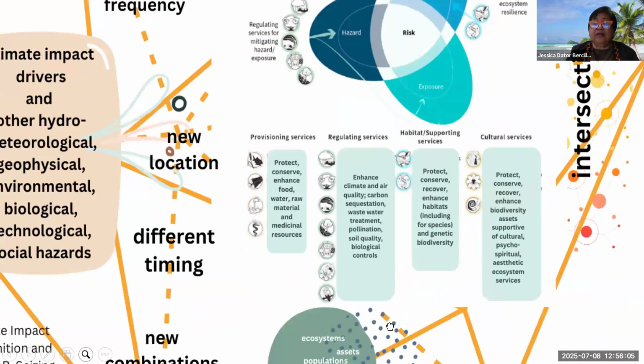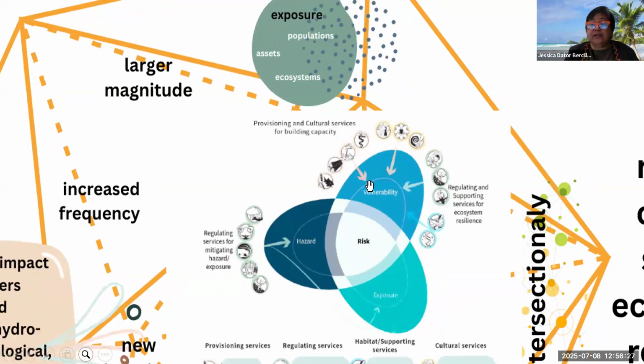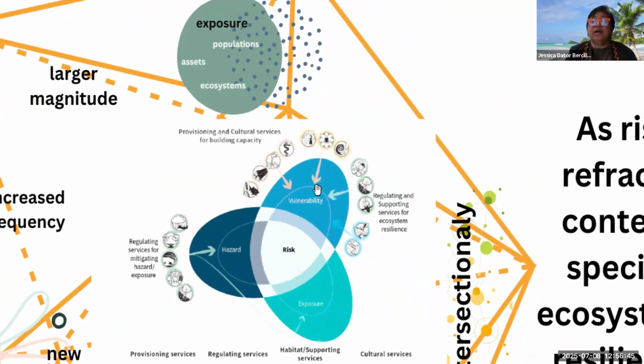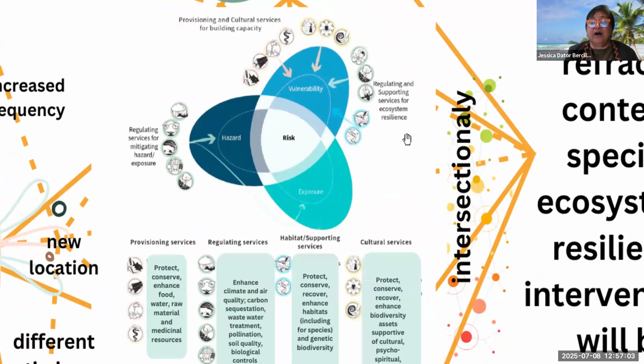But what we should not forget, particularly in cities, is that our risks can be addressed by making sure that we are able to secure the role of ecosystem services that regulate services for mitigating hazard and exposure, like the role of mangroves for coastal cities, making sure that we are able to ensure that our communities are able to retain cultural practices that will enable them to thrive, like being able to care for nature and ensuring sustainability of medicinal assets from nature, and of course, making sure that we are able to make full use of supporting services for ecosystem resilience.